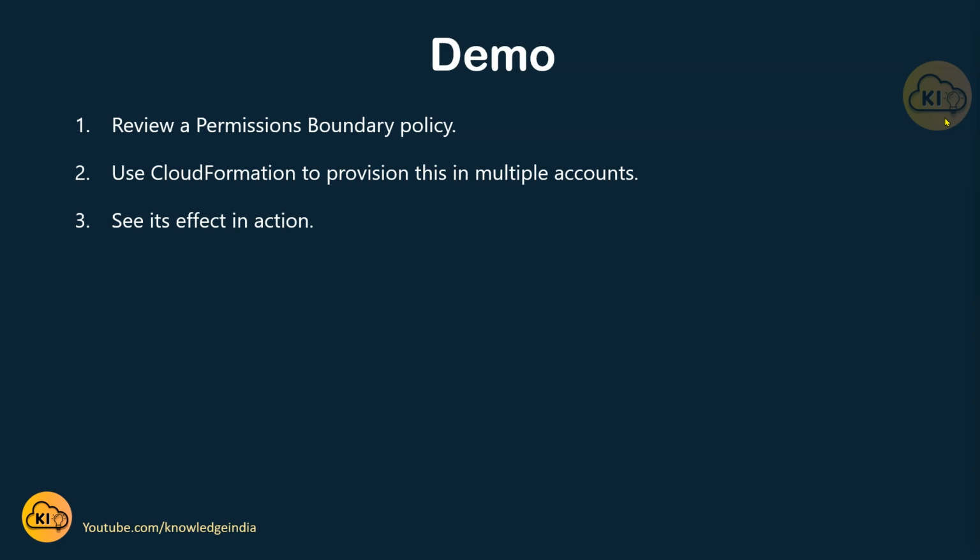And post that, I will go ahead and create an IAM user as well. For that IAM user, this permissions boundary policy will be attached. And after that, we will see the whole thing in action. Okay. So I hope you are able to follow me till this point. Now let me show you the policies first.